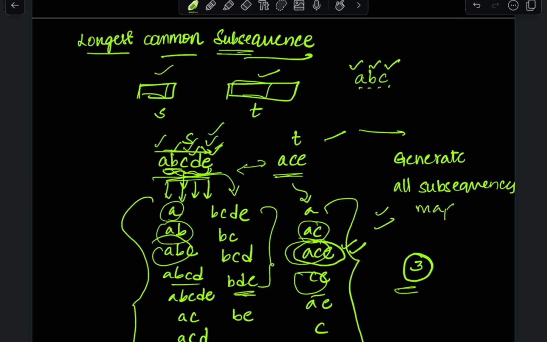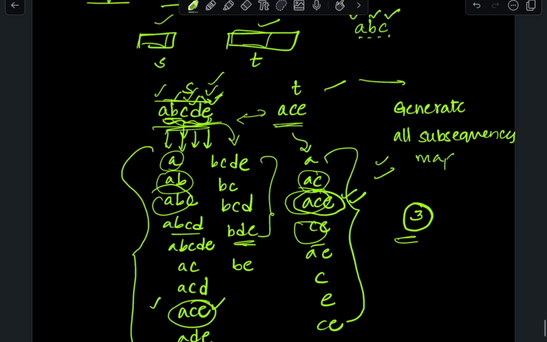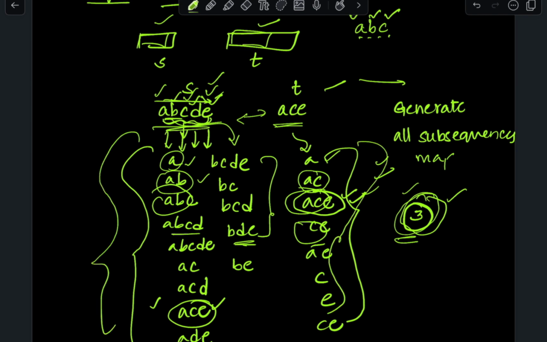Whichever subsequences match, their length will be updated, and out of the lengths updated, the maximum one will be returned. But the time complexity for generating all subsequences and then comparing each one of them would take a lot of time.